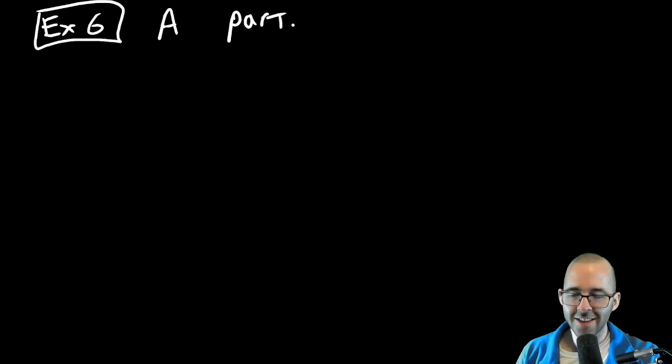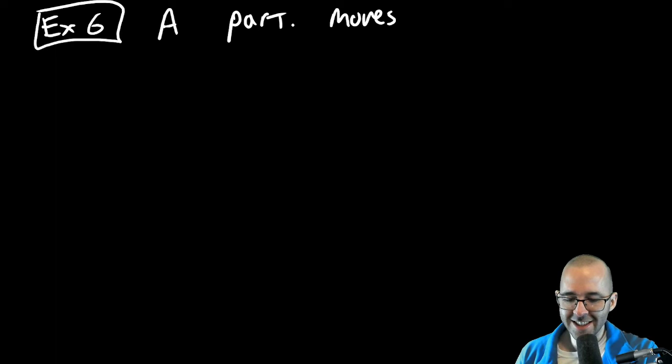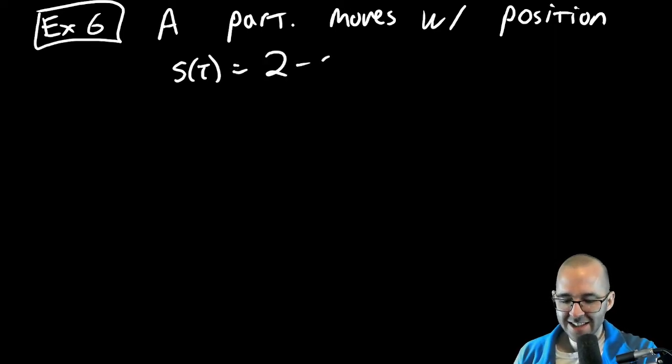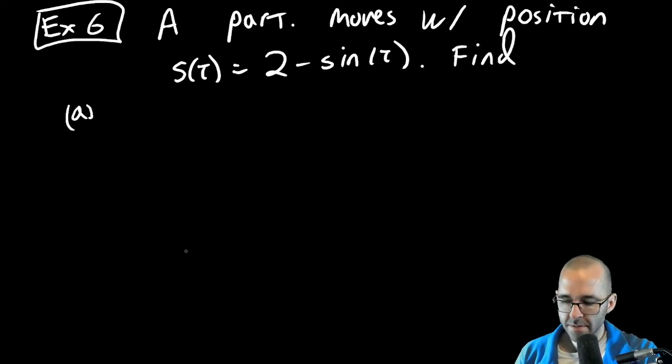All right, let's go. Let's deal with another particle again. This is a natural way to abbreviate particle, right? Particle moves with position function s of t equals 2 minus the sine of t. And I want you to find a couple things. Find the velocity after pi over 4 units of time.